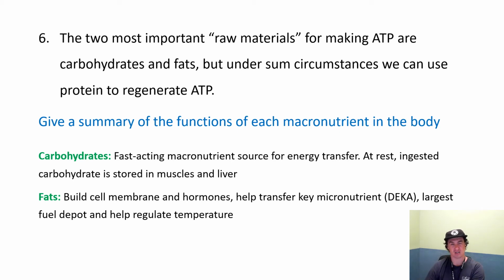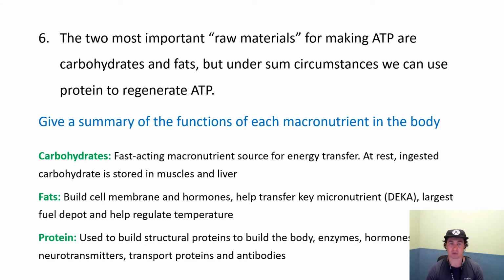We use fats to help transfer some key fat-soluble micronutrients like vitamin D, E, K, and A. And fats as triglycerides also provide a big fuel depository, so we can store long-term energy in the form of triglycerides in our fatty tissues and our fat cells really easily. And that's really important for survival. This fatty tissue can also help us regulate our temperature and keep us warm.